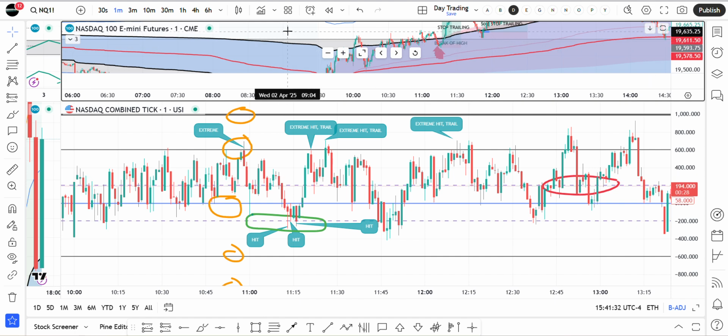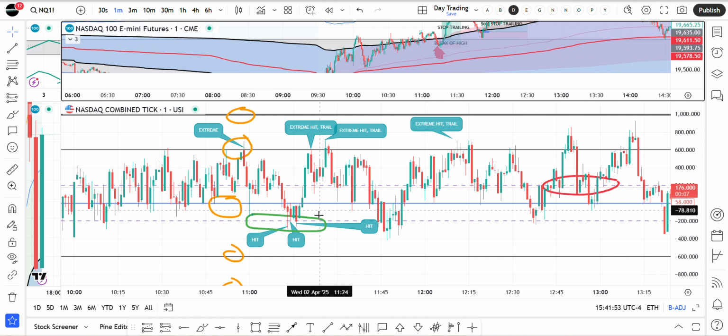But what's important is that you have an idea of where you're anticipating the market to go. You're not forcing the market to go there. You're not wanting it to go there, but you have an idea of where it wants to go.